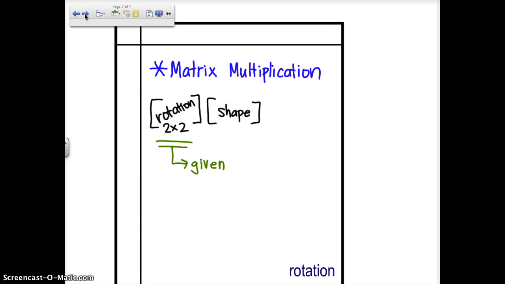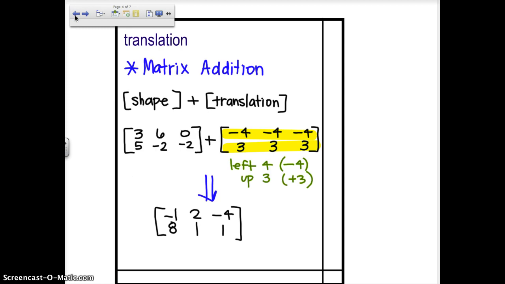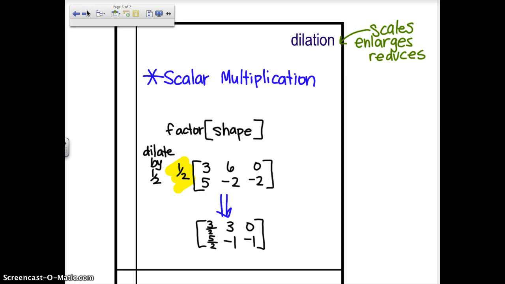So, altogether we have these four. Just a quick run through. Back this train up for a second. First one is translation, and for translation we use matrix addition. The second one was dilation, which scales the figure by either reducing it or enlarging it. And we multiply with scalar multiplication by a given factor.